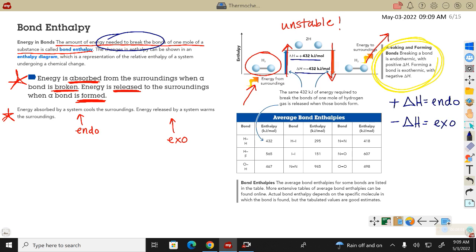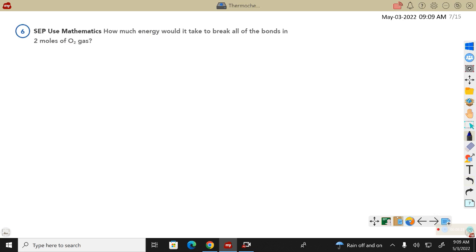So for example, I've got an oxygen-oxygen double bond. I have to add 498 kilojoules to break the bond. I'll release 498 kilojoules when the oxygen-oxygen double bond forms. So these are kilojoules per mole of bonds, defined in the positive endothermic direction. But I can also use them in the exothermic direction.